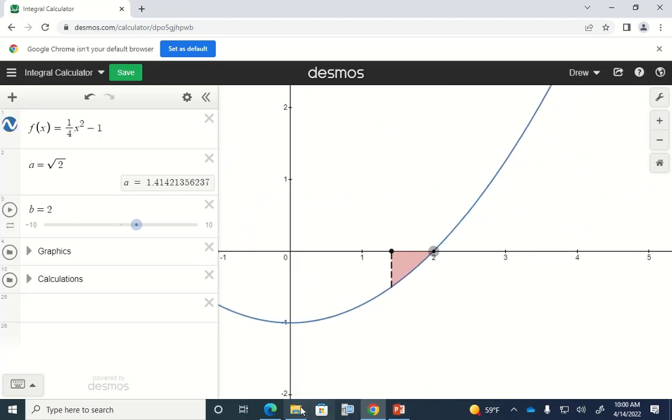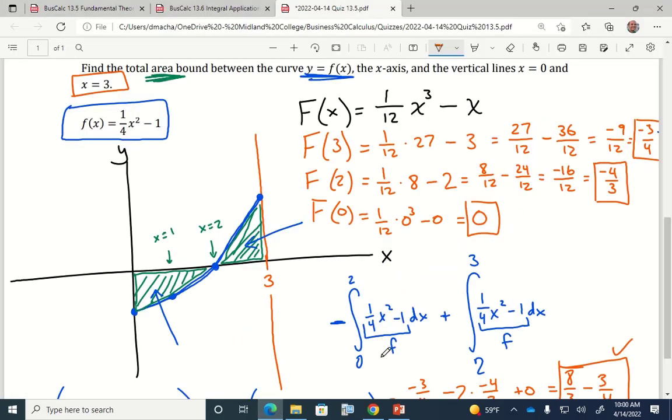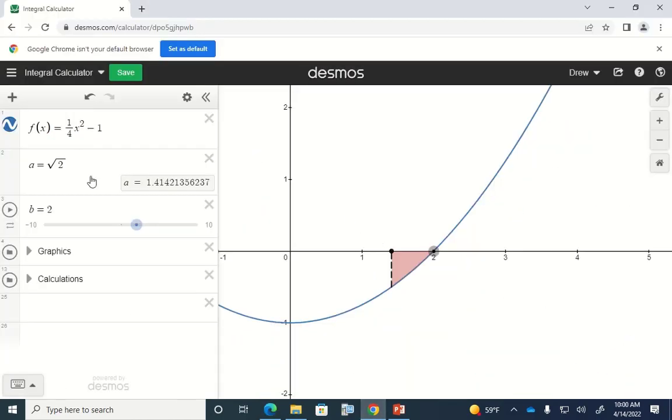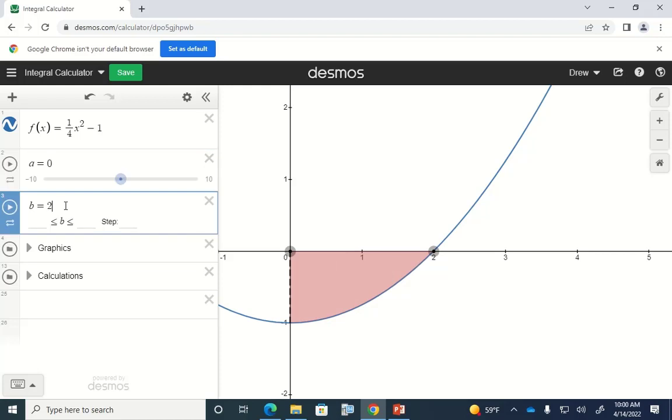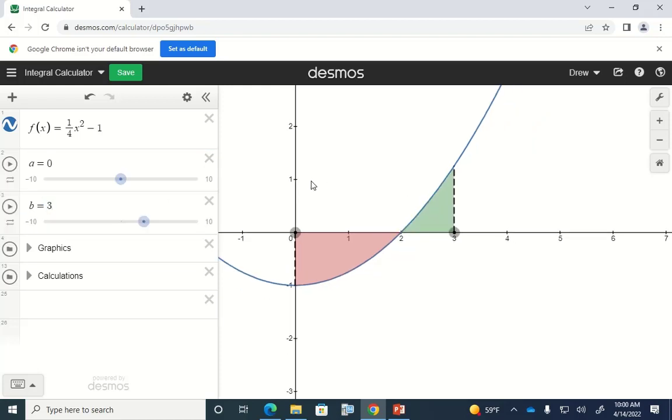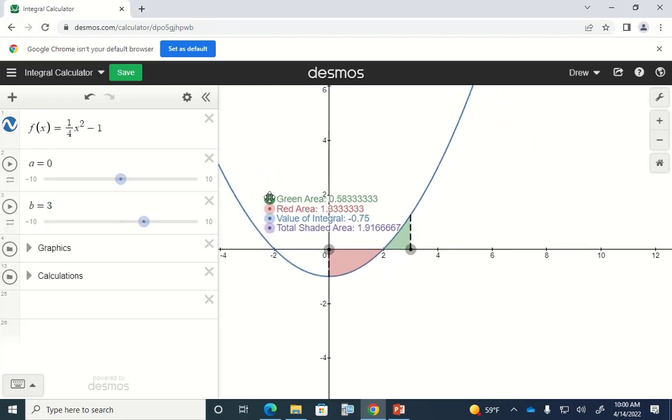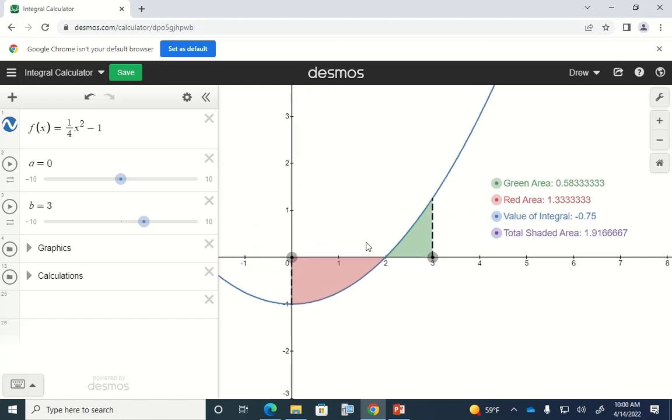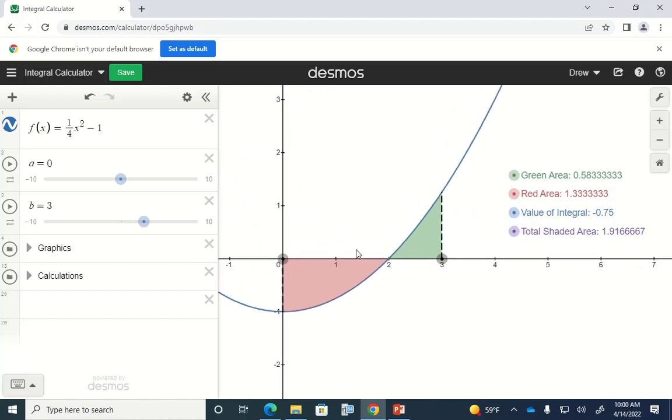And I had lower bound 0 and upper bound 3. And so sure enough, there's some area below the curve, and then it switches to an area above the curve when x is equal to 2, just like we predicted. The green area is 0.58, and the red area is 1.3 repeating.